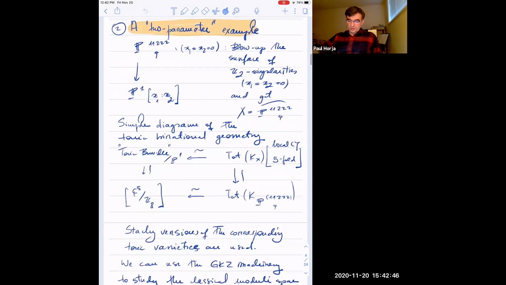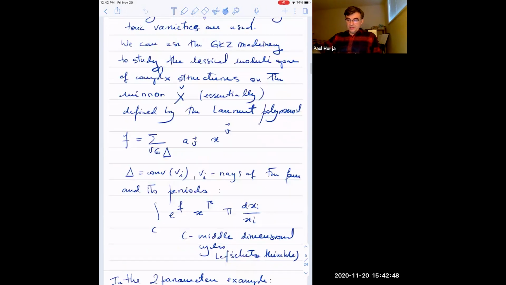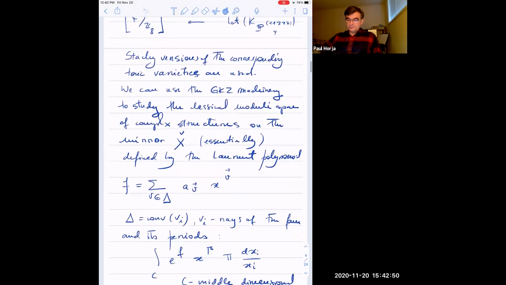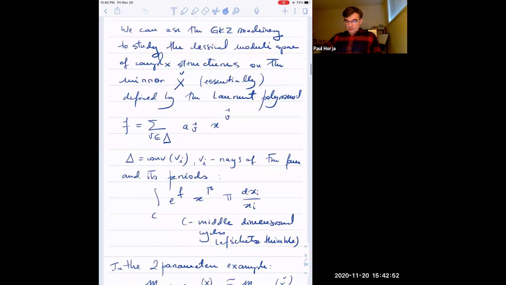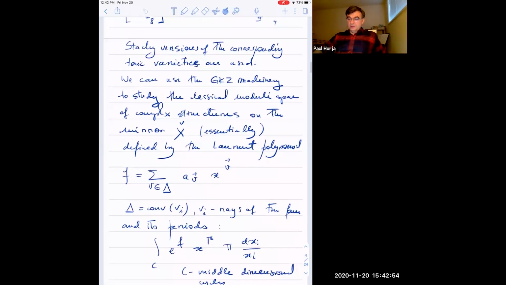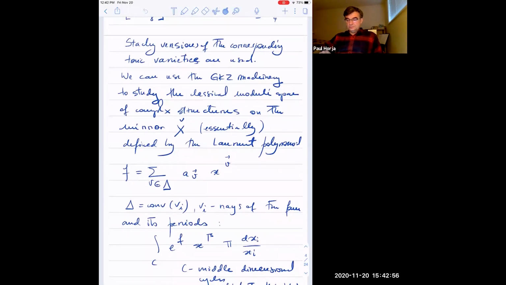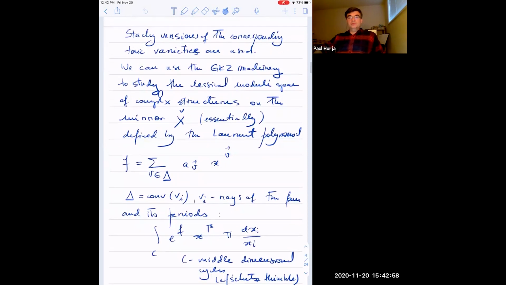Lots of things are known, but it's still quite challenging. The advantage, as far as I'm concerned, of using this PDE system is that it allows a very explicit, global study of the moduli space of complex structures for the mirror.